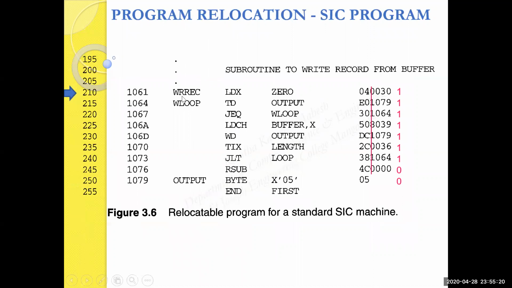Again, moving to the last subroutine, that is WRREC, the same thing holds here. RSUB doesn't require a modification. Likewise, the object code 05, which corresponds to the hexadecimal constant 05, doesn't require any modification, while all the rest of the instructions at line number 210 through 240 need to be modified if the program is loaded at a different address. We have indicated it here with ones.